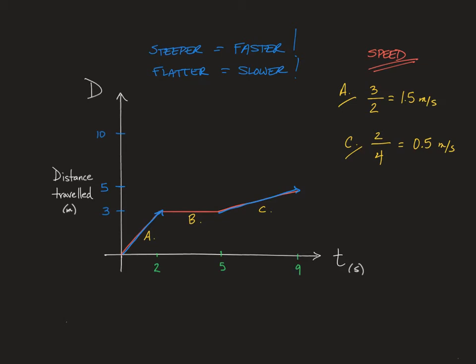Steeper means we're traveling a greater distance over a given time. Flatter means we're traveling a lesser distance over a given time. So let's take that concept and jump into a curved graph.